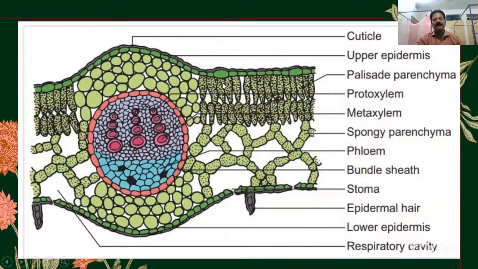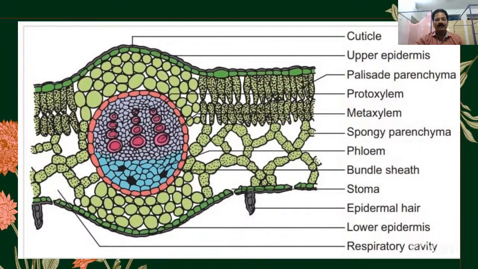The part of the leaf present between both the epidermal layers, that is upper epidermis and lower epidermis, is called ground tissue of the leaf. I'll repeat once again. The tissue present between both the epidermal layers is called ground tissue of the leaf. That ground tissue is named mesophyll.